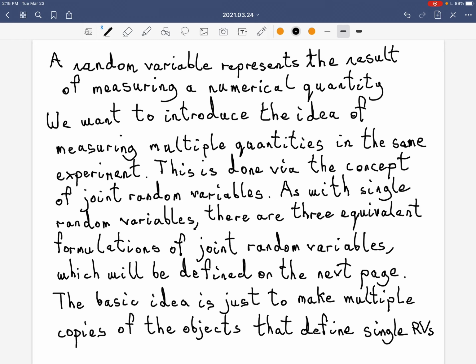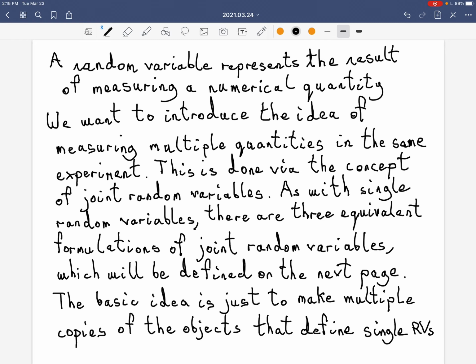And so if we just were measuring intensity alone, this would be a single random variable. At different points in time, we would have different numbers which represent the intensity of the light bulb, and we can do expectation and variance with those numbers like we've been used to.